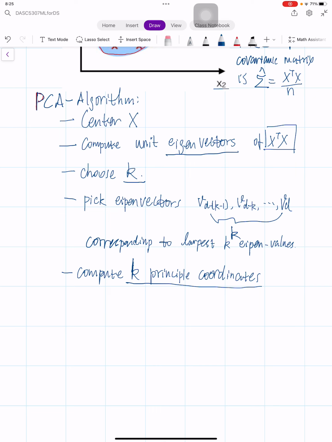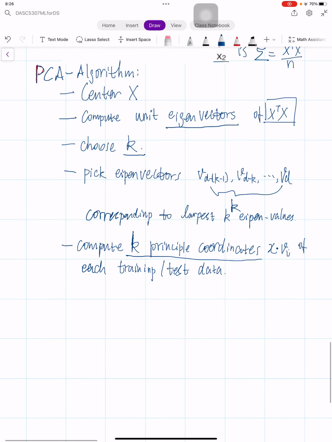In other words, it is x inner product with vi for each training or test data. Okay, that's the end.